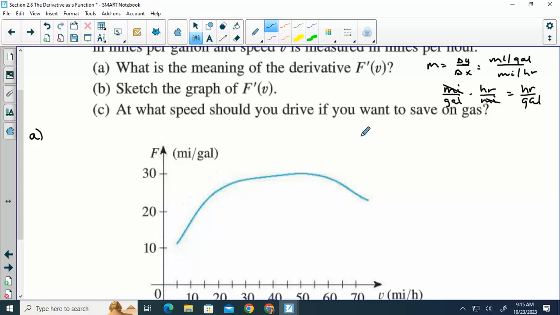What is it telling us? A derivative is an instantaneous rate of change, or an instantaneous velocity.